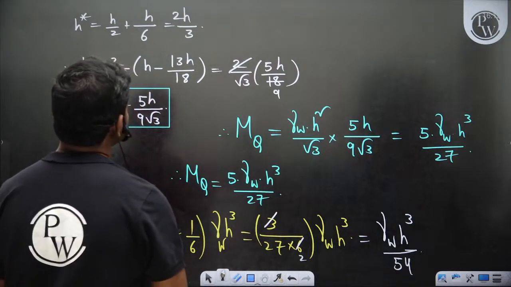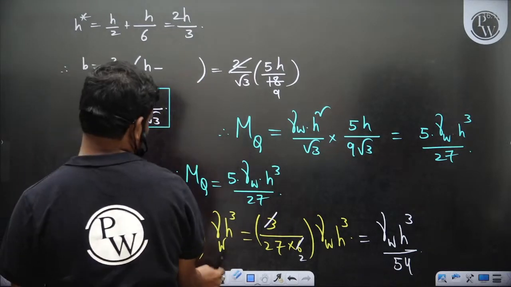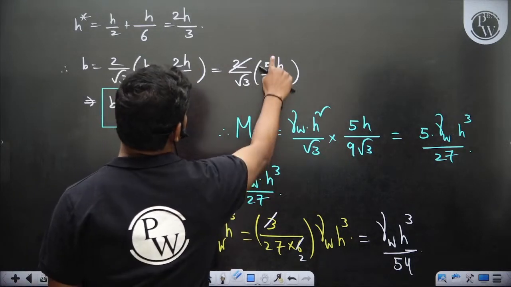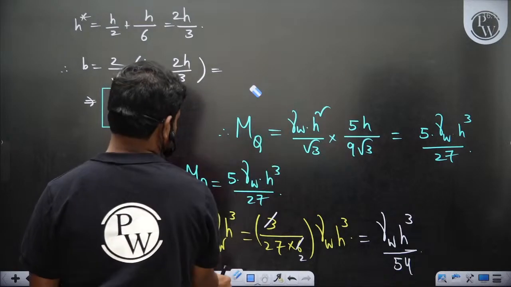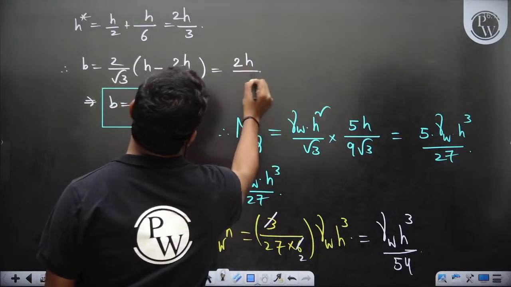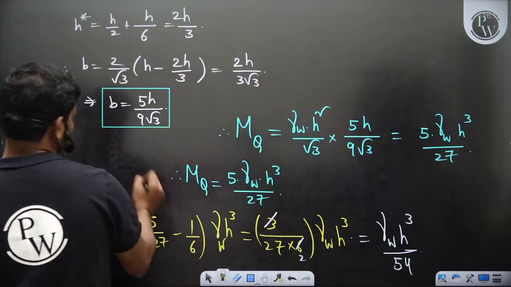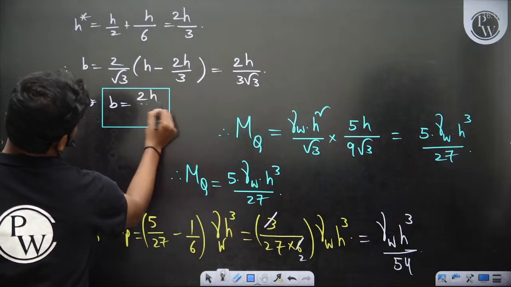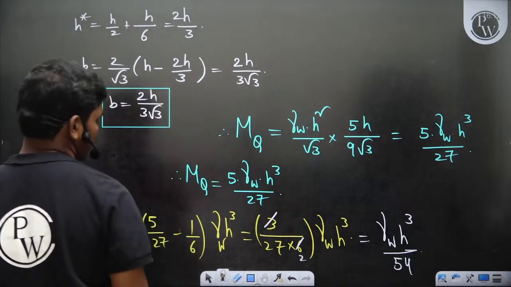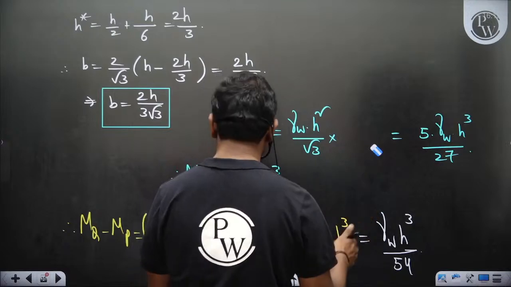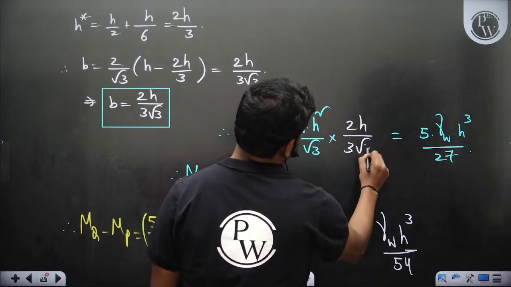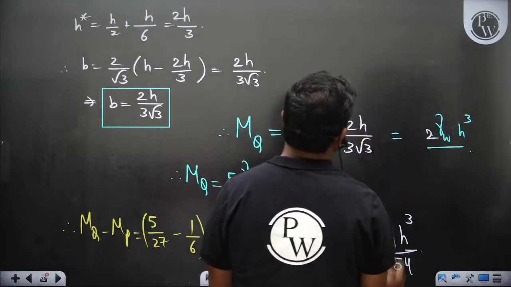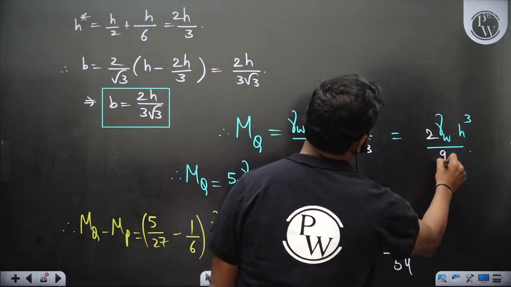So if you write now 2h by 3 here, so this is h by 3. So 2 by 3 into this. So 2h by 3/3. So this is 2. Okay, so here you place 2h by 3/3. Then this is 2 and this constant keeps changing. So this is 2, then 2 gamma w h cube by 3 is a 9.